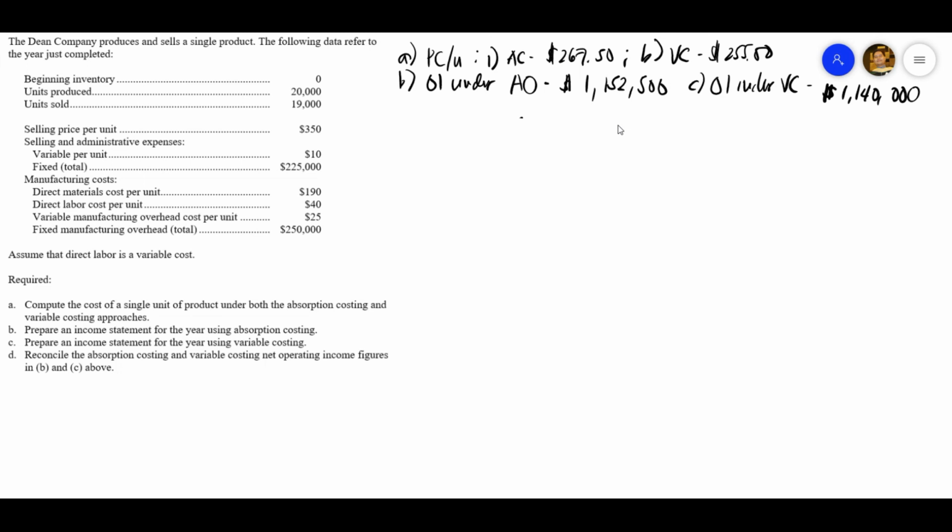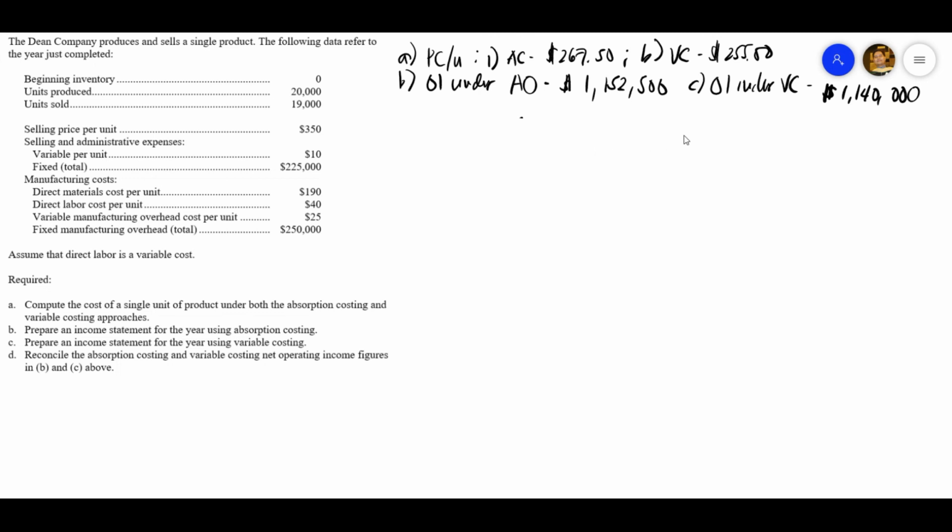Again, it is because of the fixed manufacturing overhead cost. Under absorption costing, a portion of that cost will be included in your inventory, hence not yet accounted as an expense item. And that 1,000 units, the one that we have earlier, will only be expensed when the units are sold.